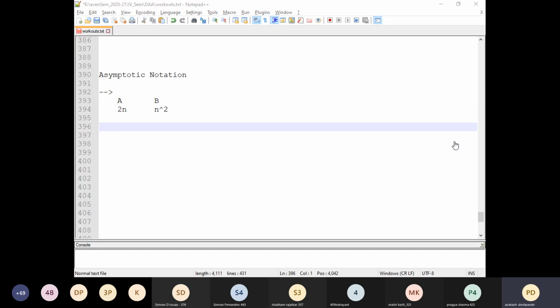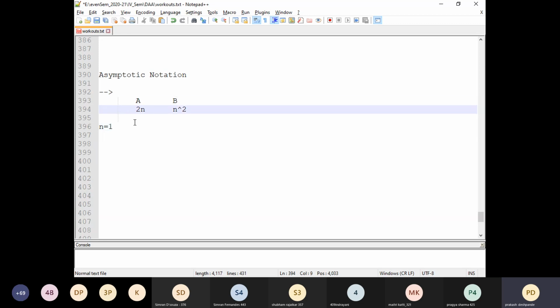What we will try to understand is how this works based upon the instance characteristics. The instance characteristic here is the value of n. If n increases, how will the time complexity of A and B increase? Suppose n is 1. What will be the time complexity of the first algorithm?